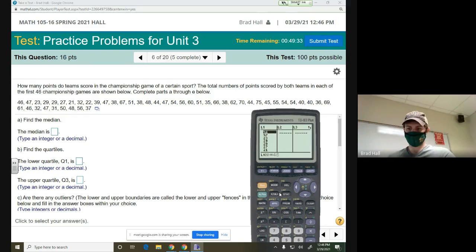Okay, so once you type in all the values, you should of course have 46 values as mentioned in the description.